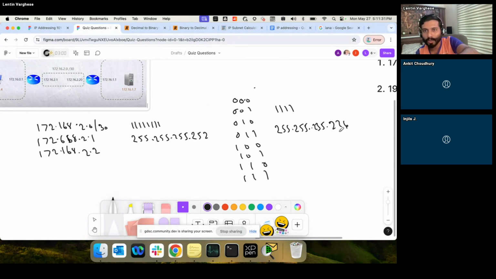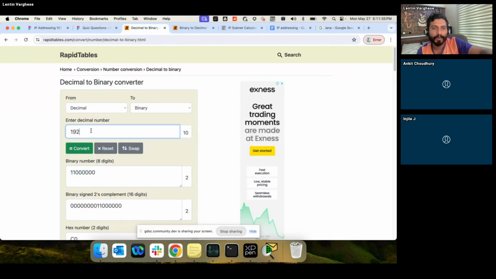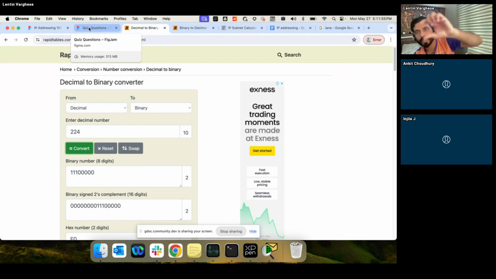Now what this 224 means is it sets the first 3 bits of the last octet to network. I said the borrow concept earlier, right? Borrow that to the network part. That will ensure the number of hosts are reduced.